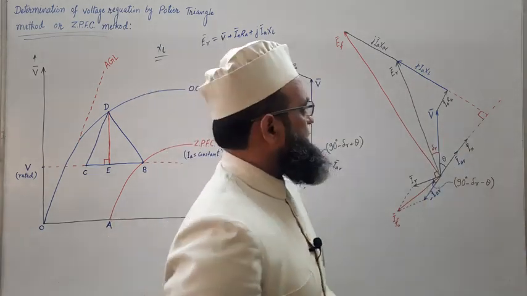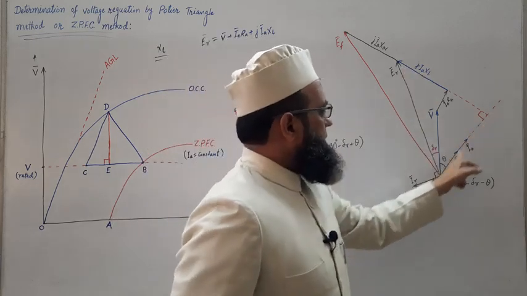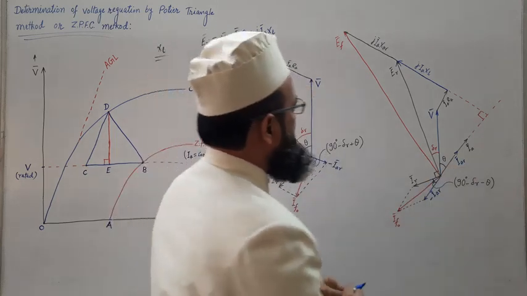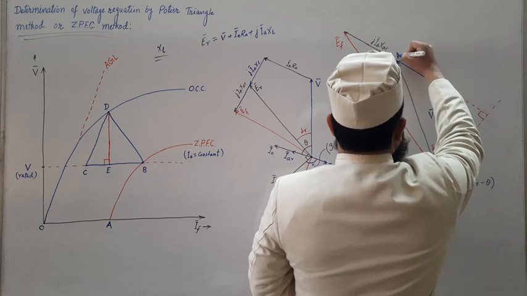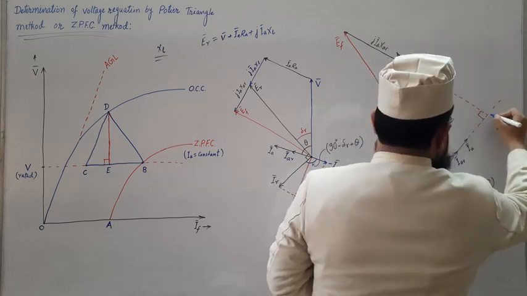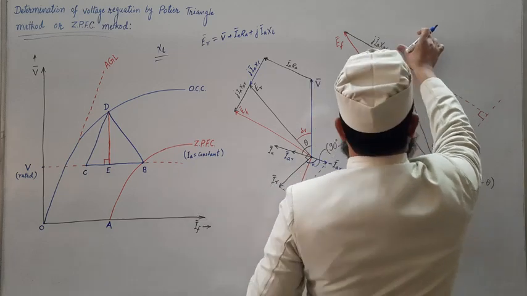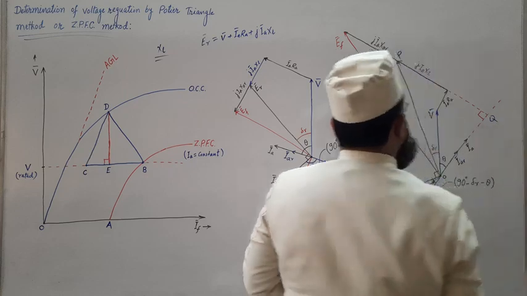So this will be 90 degrees, and we are getting one right angled triangle. You may mark some points. Let us say this is O, this is P, and this is Q.